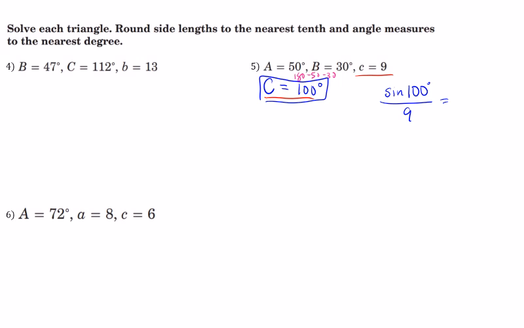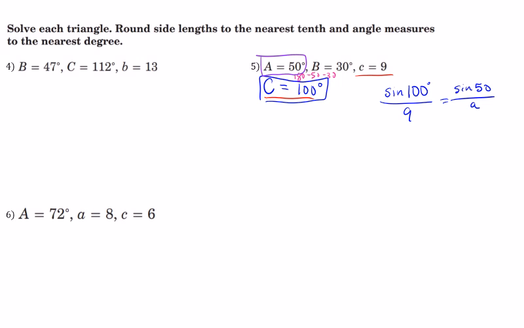Let's start with A: sine of A, which is 50, over little a. I'm not drawing the triangle this time, but if it helps you, you definitely can. And be careful with this; it's a big issue sometimes, like A and 9. Make sure those don't get mixed up.